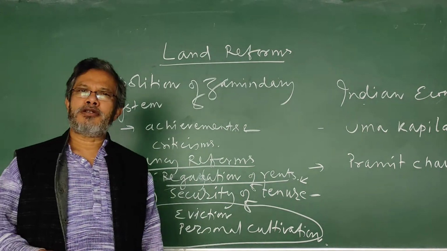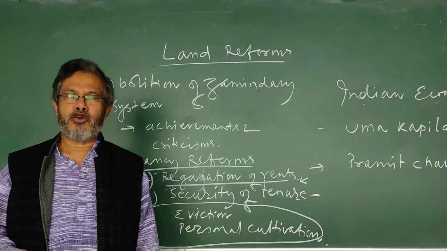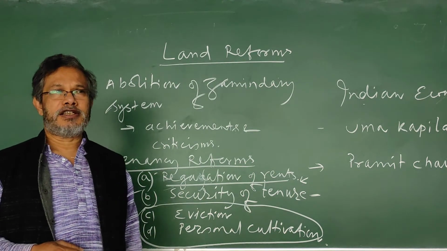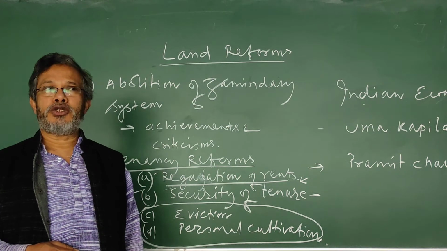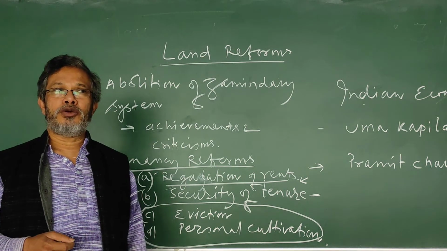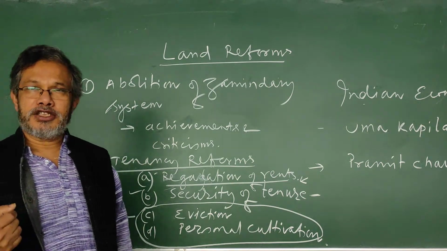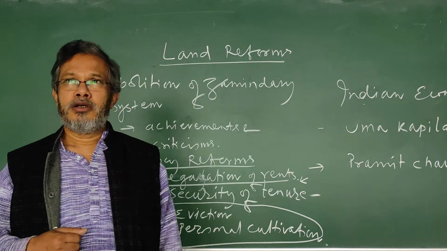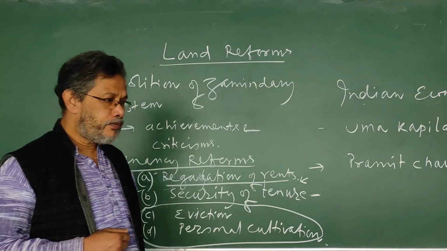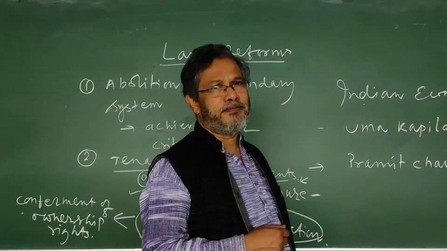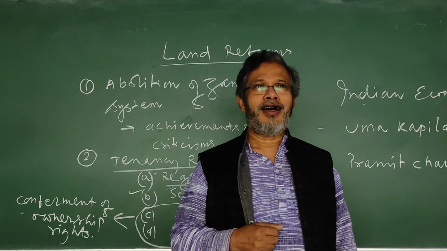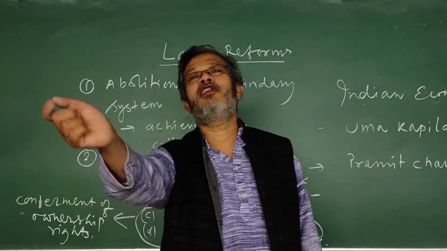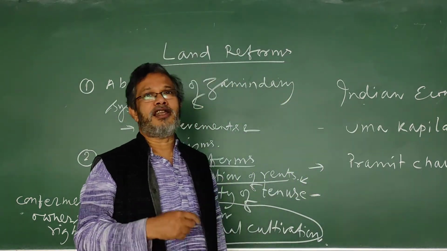Ultimately, the landowners force the tenants, through their social position, their financial strength, their political power, to which the poor tenants succumb, and ultimately they voluntarily surrender their tenancy right.